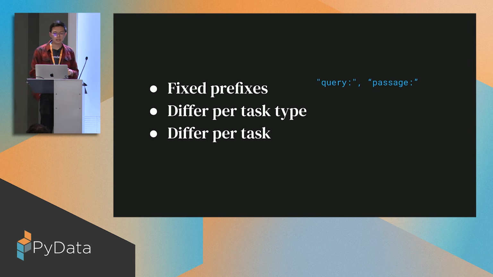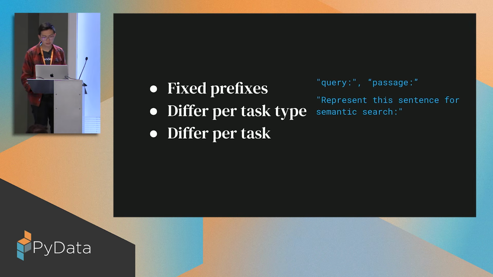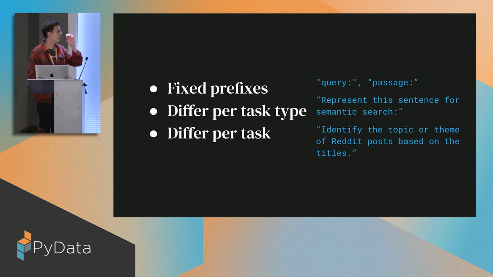And in practice, how prompts are used varies by the model, and generally there are a few different main flavors. The first one being fixed prefixes, so it doesn't matter what data set you use. You're just going to put query in front of your query, passage in front of your corpus passages. Some might differ by task type, so a clustering one might be different than a retrieval one. And also, it might differ by the task or data set. So for instance, this one is very tailored to Reddit posts.